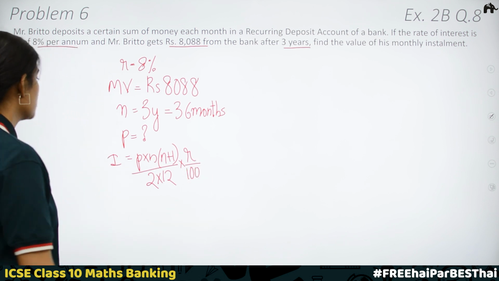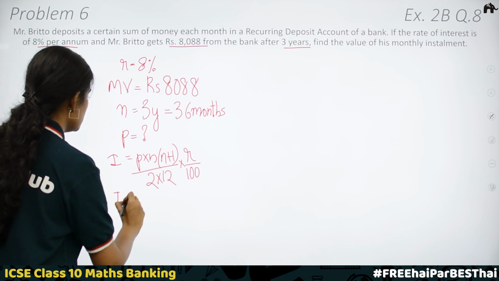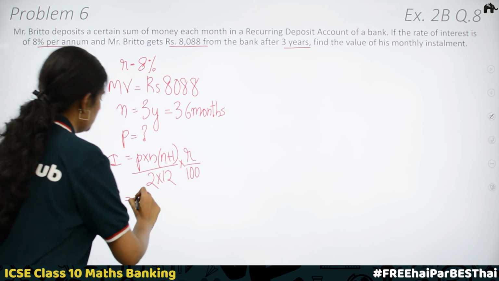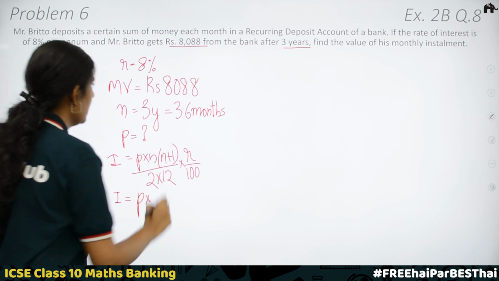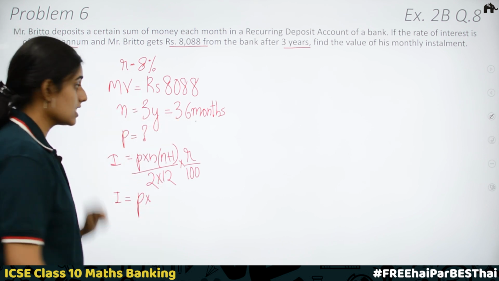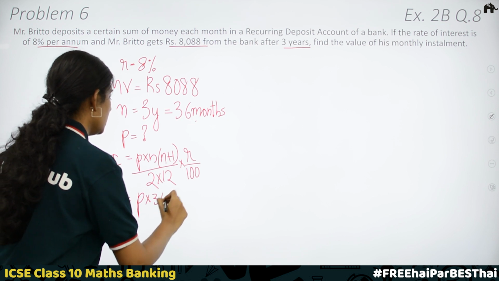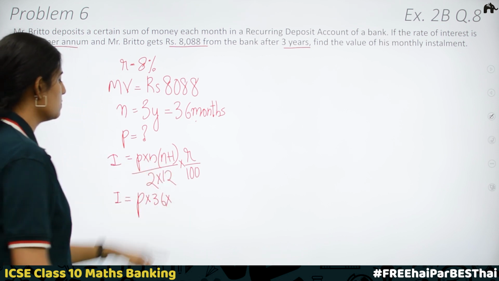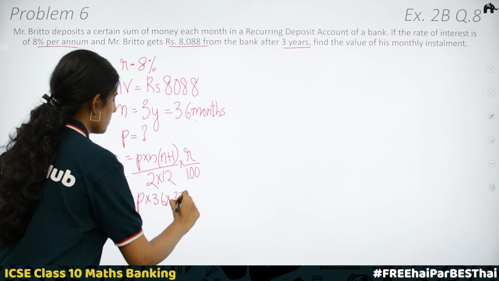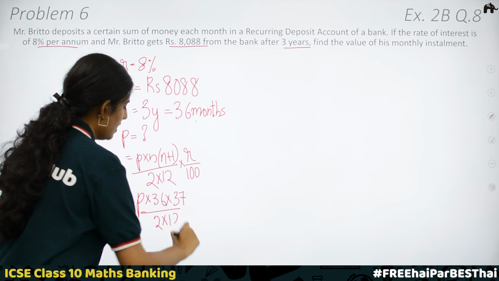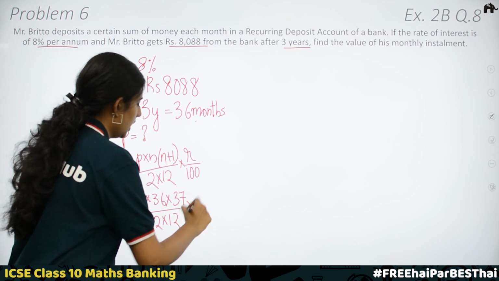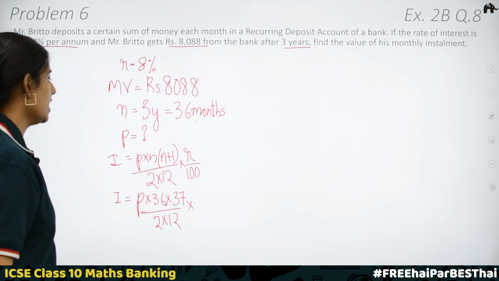Substituting the values, I is equal to, P should be kept as it is, then N, 36, into 36 plus 1, 37, divided by 2 into 12 into R by 100.